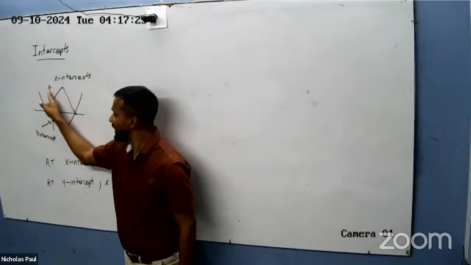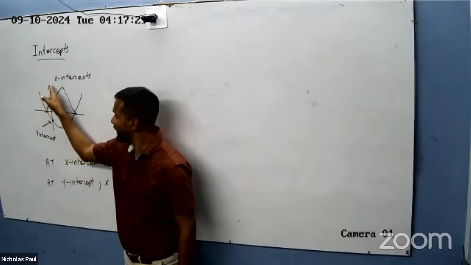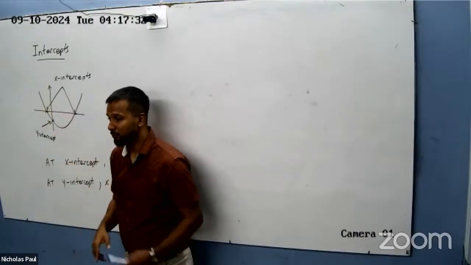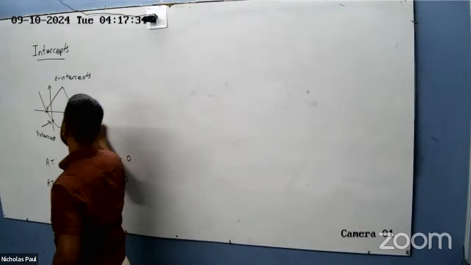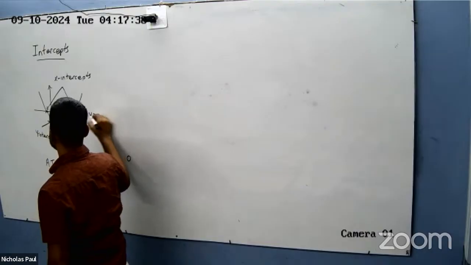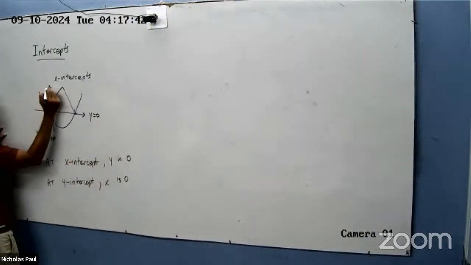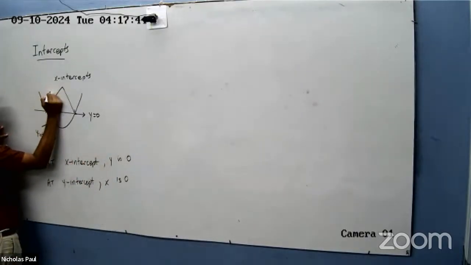And this line here that we call the y-axis is x is 0. Everything on this line is x is 0. If you never heard that before, write it in. This line is called y is equal to 0. This line here is called x is equal to 0.